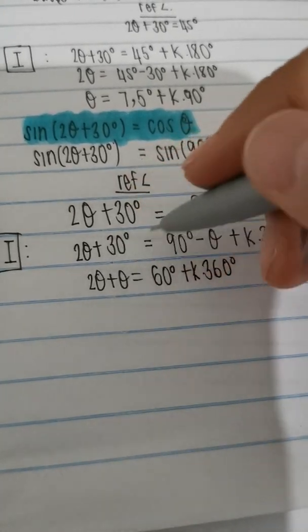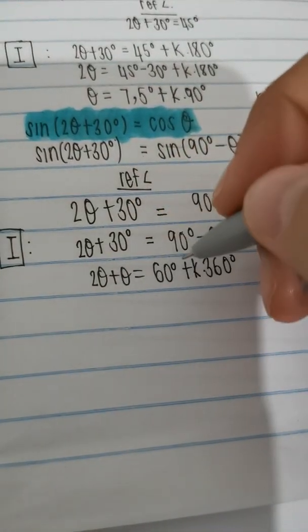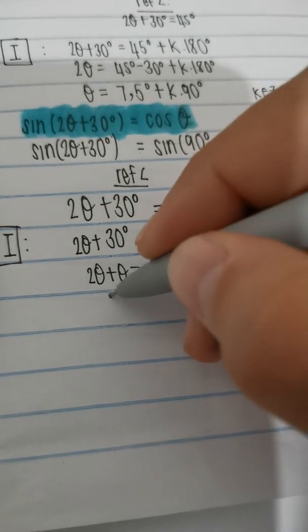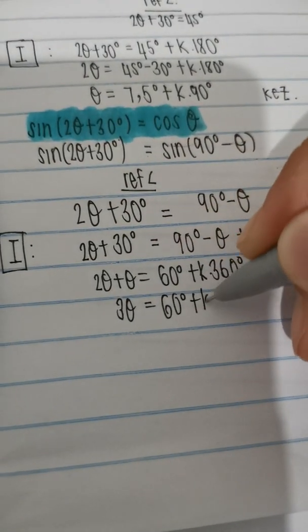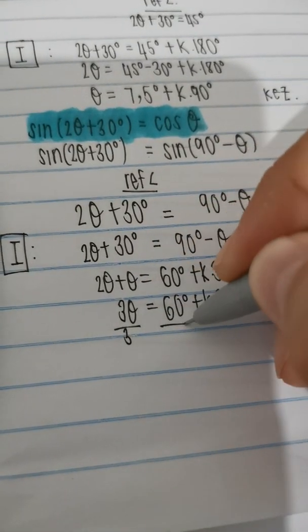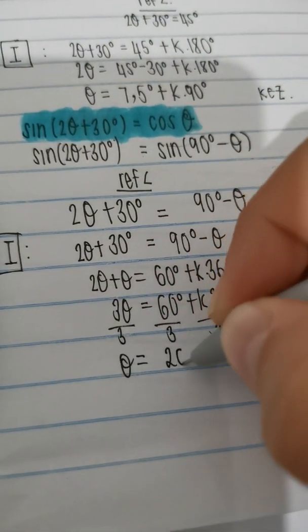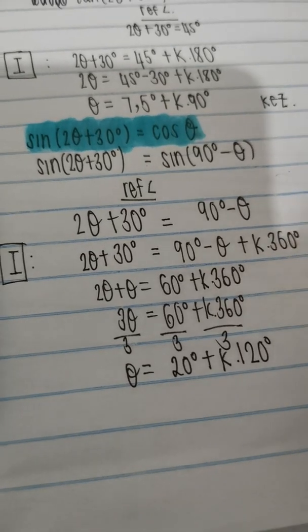All I did was take the thetas to one side and the numbers to the other side. 2 theta plus theta is 3 theta equals 60 degrees plus k times 360 degrees, and divided by 3, theta is equal to 20 degrees plus k times 120 degrees.